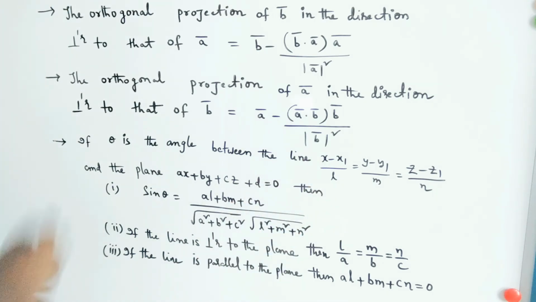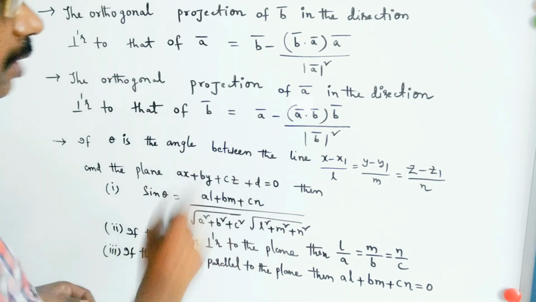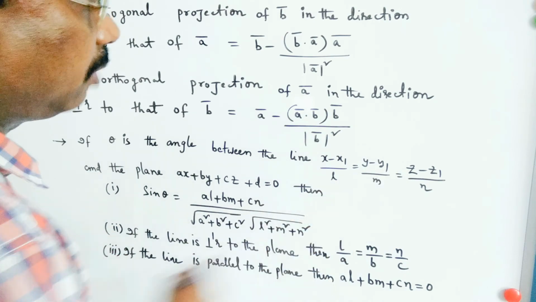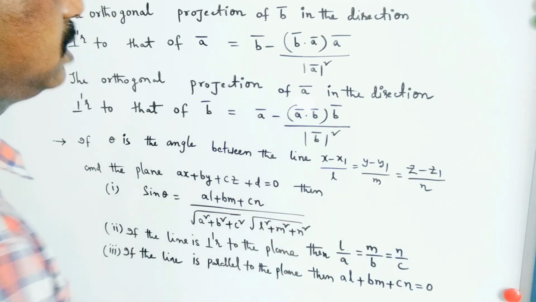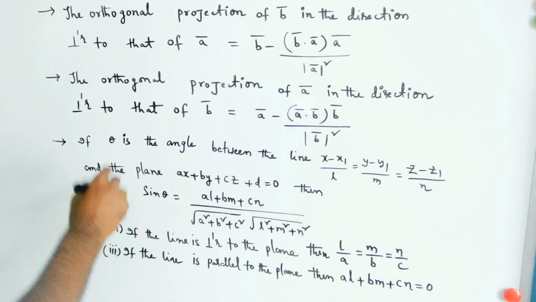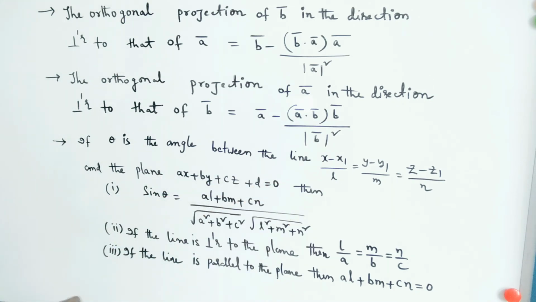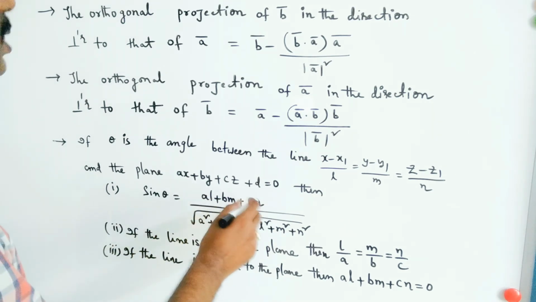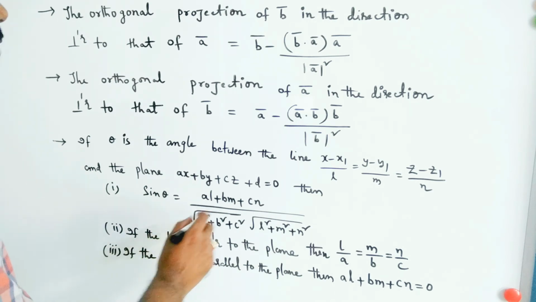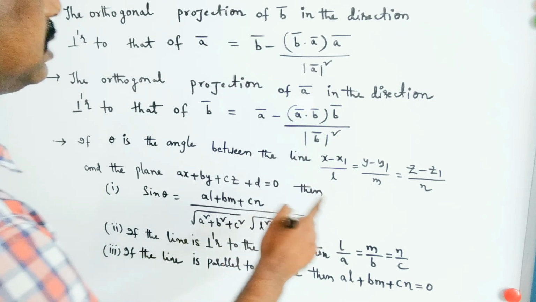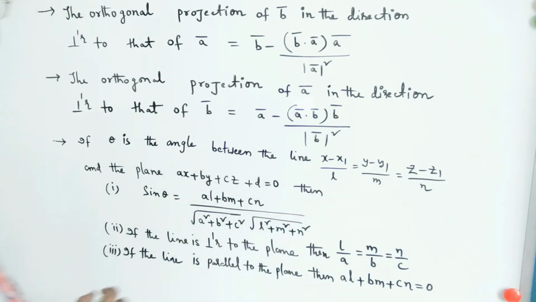If theta is the angle between the line (x minus x1) by L equal to (y minus y1) by M equal to (z minus z1) by N and the plane ax plus by plus cz plus d equal to 0, then first, sin theta is equal to AL plus BM plus CN by root over A square plus B square plus C square into square root of L square plus M square plus N square.